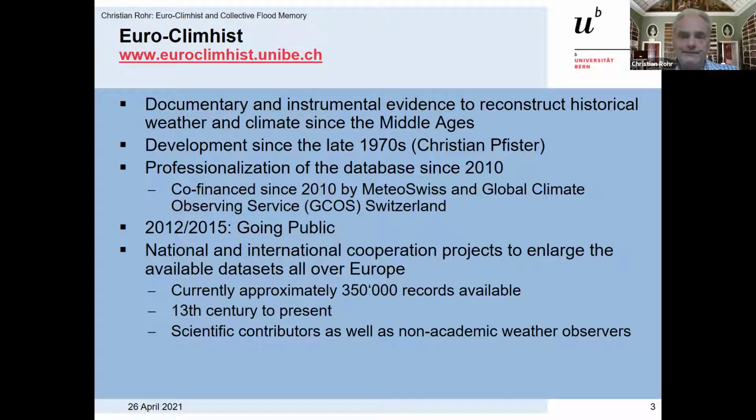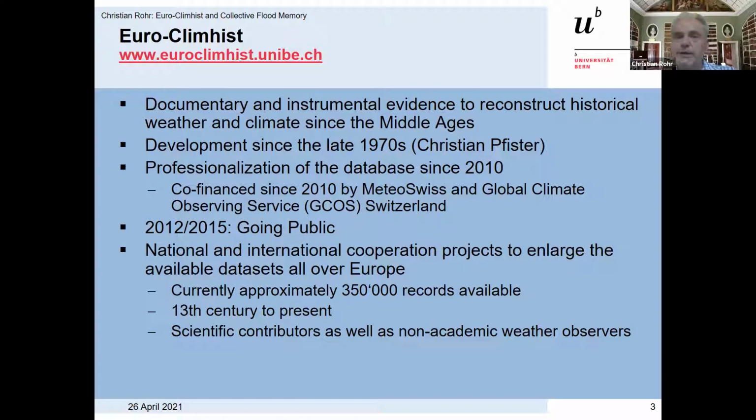And concerning the contributors, I should say that it's not only scientific contributors, but also, for instance, non-academic weather observers. That's also quite an important thing, because they, for instance, observe what the Federal Swiss Meteorological Service doesn't do.